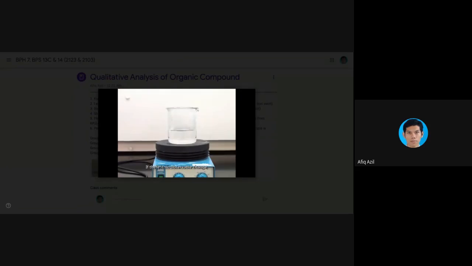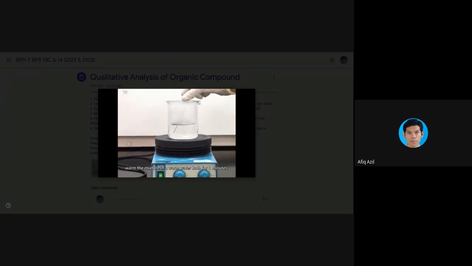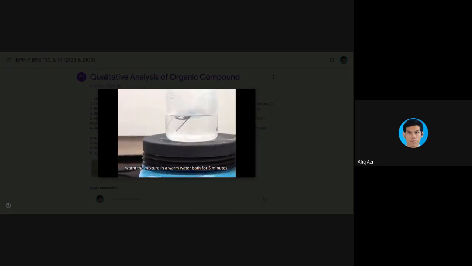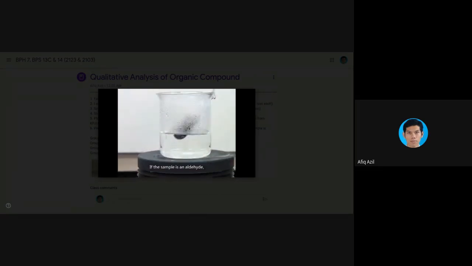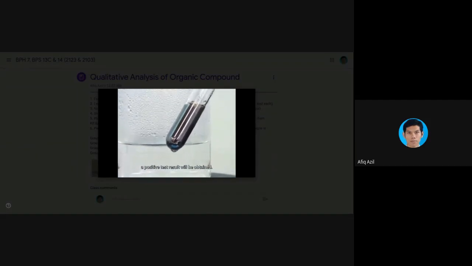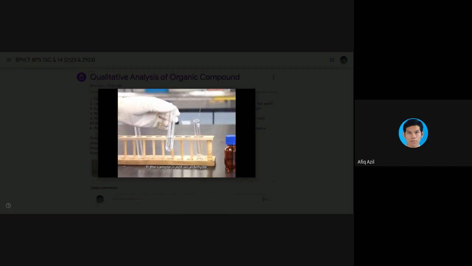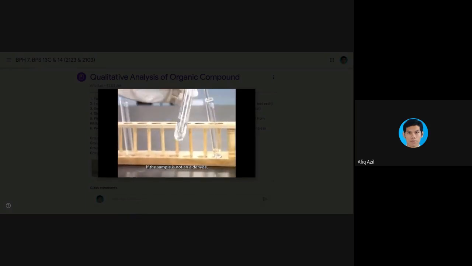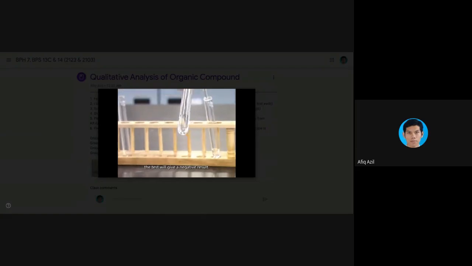If there is no observable change, warm the mixture in a warm water bath for 5 minutes. If the sample is an aldehyde, a positive test result will be obtained. If the sample is not an aldehyde, the test will give a negative result.